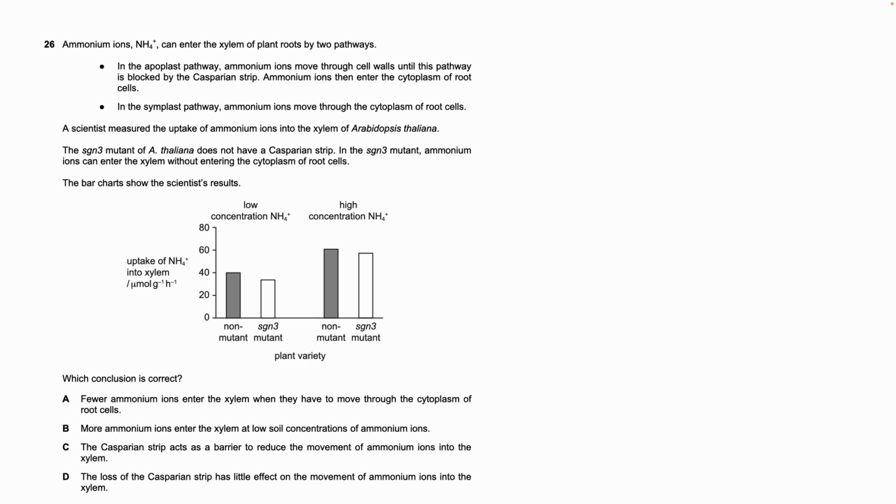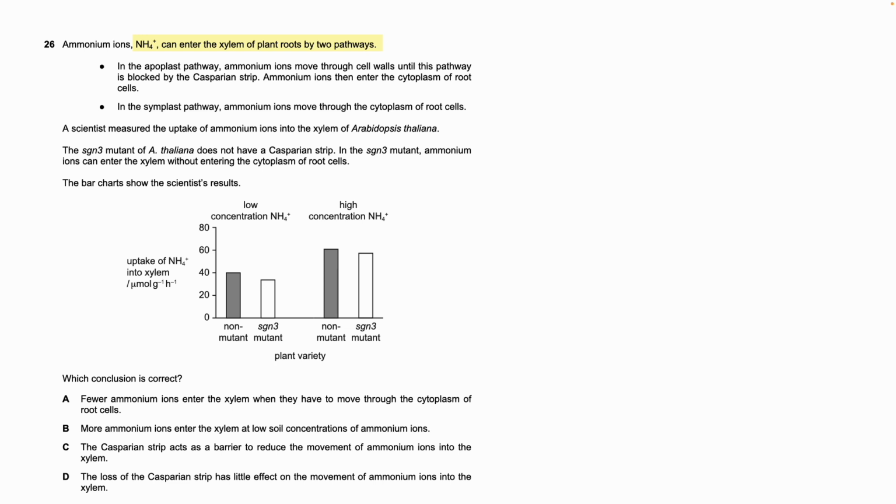Question 26. Ammonium ions, NH4 plus, can enter the xylem of plant roots by two pathways. In the apoplast pathway, ammonium ions move through cell walls until the pathway is blocked by the Casparian strip. Ammonium ions then enter the cytoplasm of the root cell.